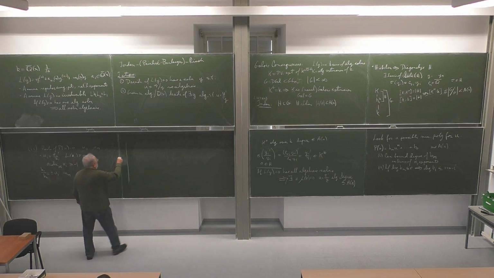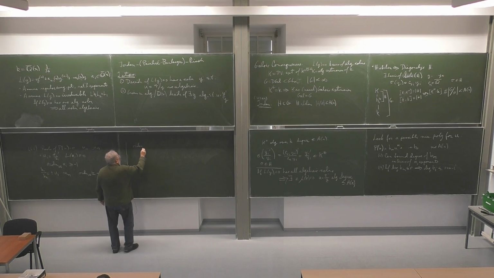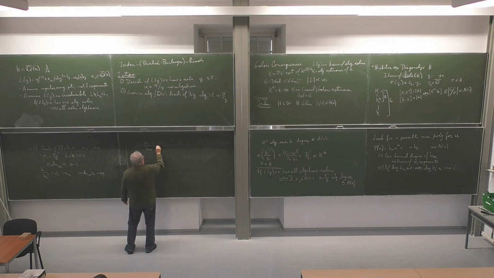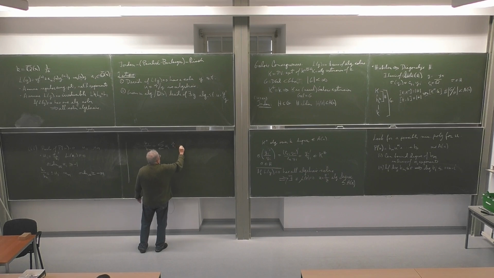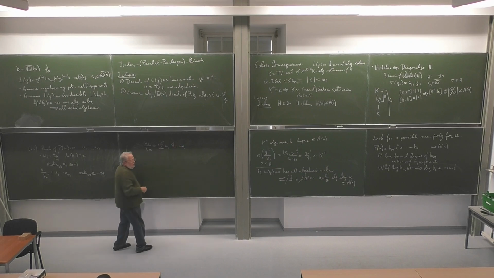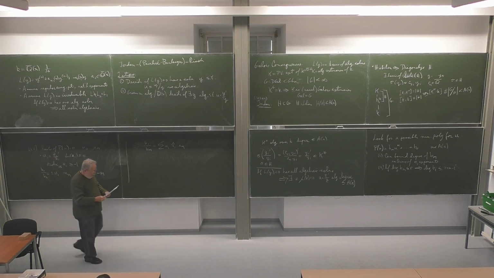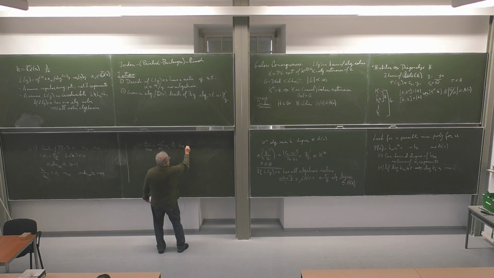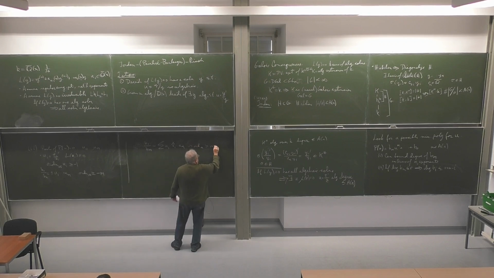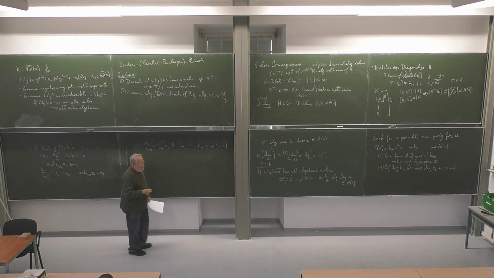The order of B1 over Bm is, again, my convention is that plus or minus doesn't matter. And again, its order at infinity is minus 1.